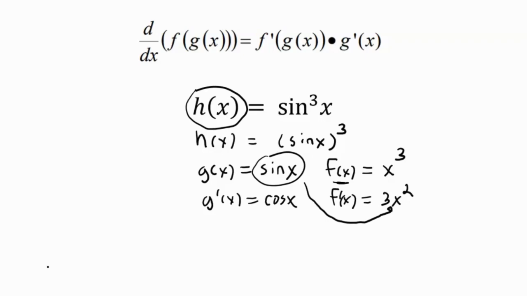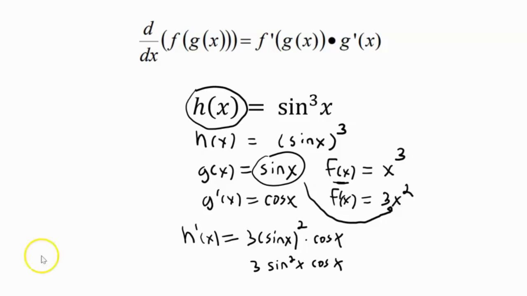So I get h prime of x is equal to 3 times sine x squared. And then to complete the chain, I have to multiply by g prime. And in this case, g prime is cosine x. If you want to rewrite this as 3 sine squared x cosine x, you can do that. And we have our answer.